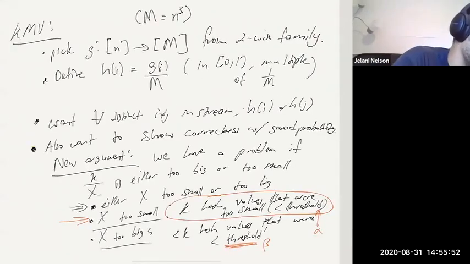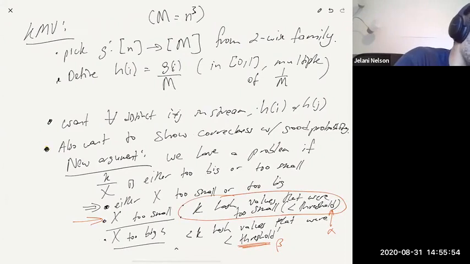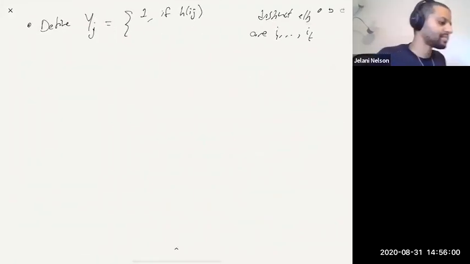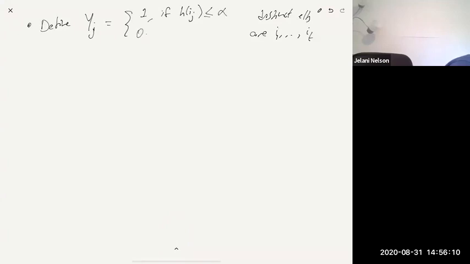We have a problem if there are too many guys that are smaller than this threshold alpha. So we have a problem if too many Yj's are 1.